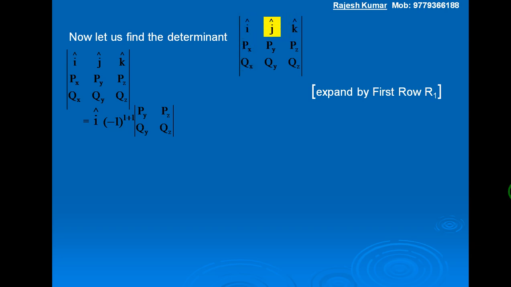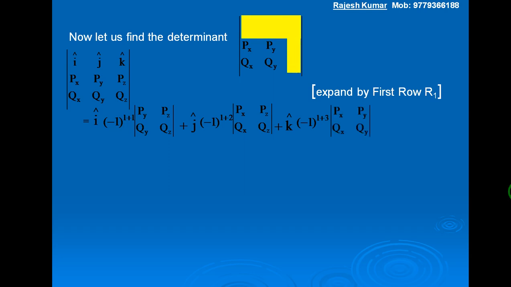Now second element j cap: plus j cap into minus 1 to the power 1 plus 2, because it is first row and second column, into we get Px, Pz, and Qx, Qz. And third element is k cap: plus k cap into minus 1 to the power 1 plus 3 into, leaving the first row and third column, we get Px, Py, and Qx, Qy.